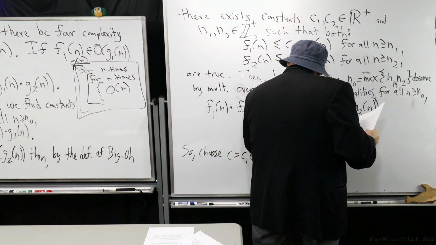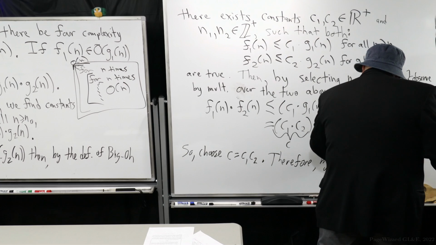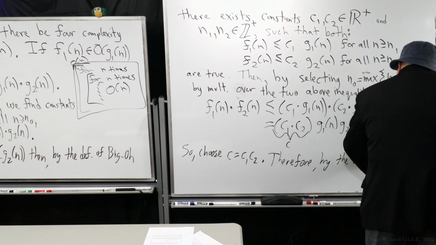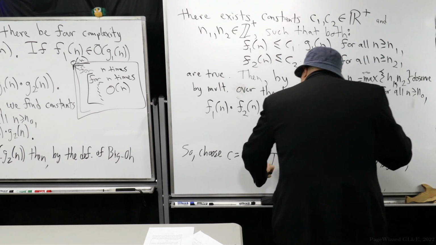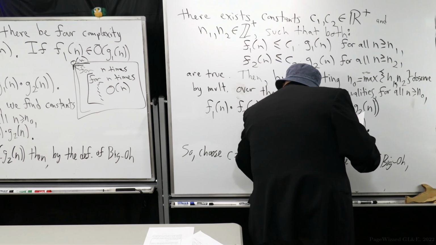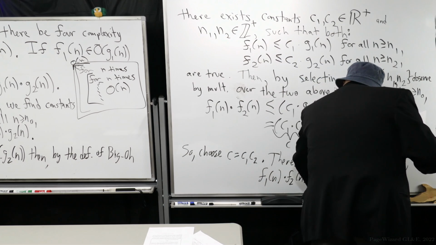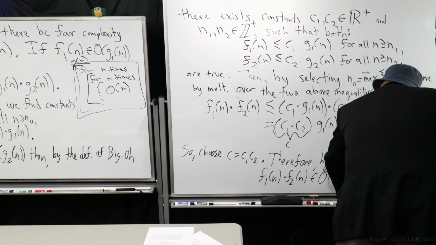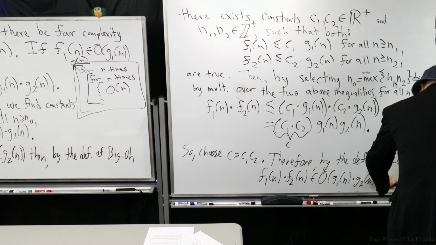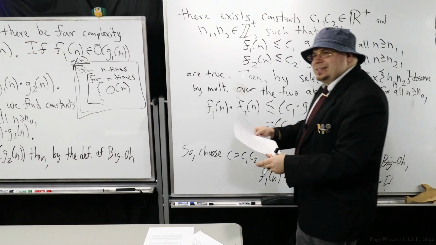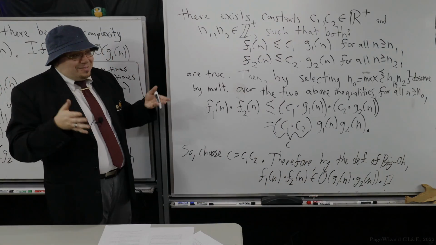Therefore, by the definition of big O, we can say that F1 times F2 is in fact big O of G1 times G2. And we're done. End of proof. Piece of cake, right? You'll notice I'm just using the same types of bucketing strategies. And that's really it.